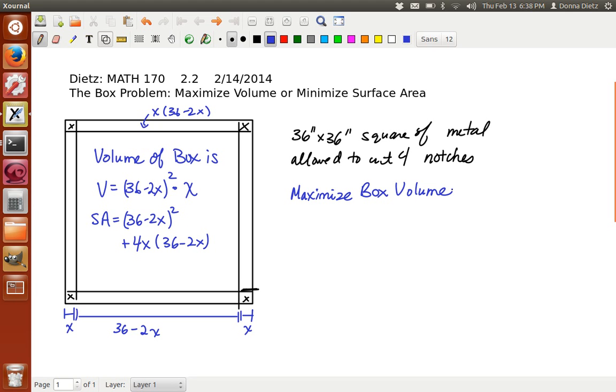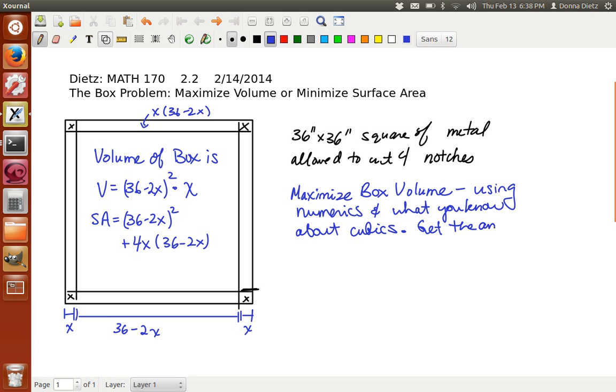But we're going to use numerics and what you know about cubics to get the answer to within plus or minus 1/2 unit for x. In this case, the units are inches.